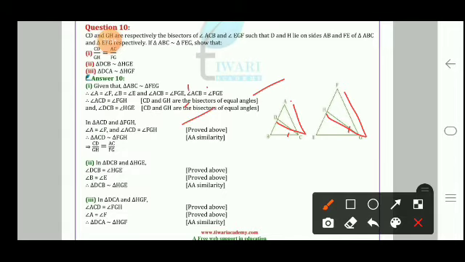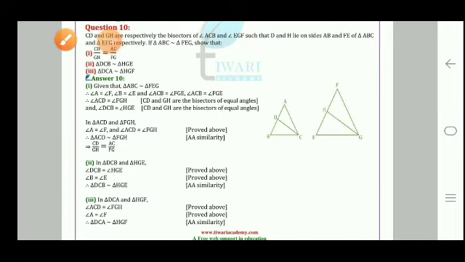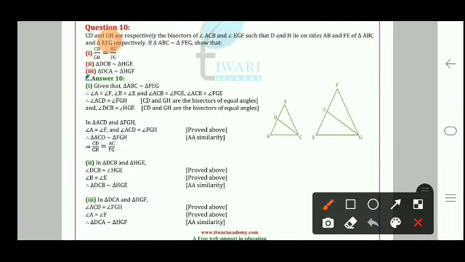Now we consider triangle ACD and triangle FGH. In these two triangles, angle A is equal to angle F, this is given, and angle ACD is equal to angle FGH, this is proved above.